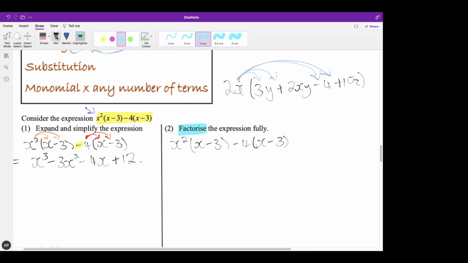We need to get into the habit of doing that, guys. I said you look for a common factor. Do these two have a common factor? Yes. What is the common factor?